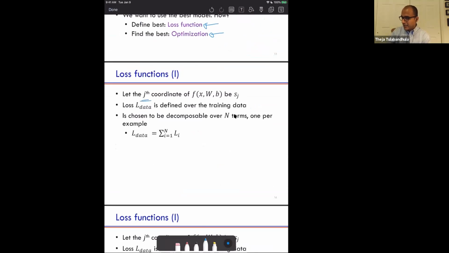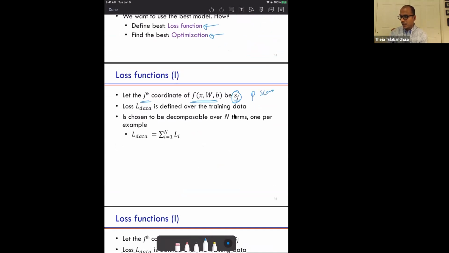Let me use a notation Sj for the jth coordinate of this classifier function f. For every x, this classifier produces a bunch of scores, p scores. I'm going to define this loss function over the training data, which will be a loss for every choice of W and b. W and b are the parameters.